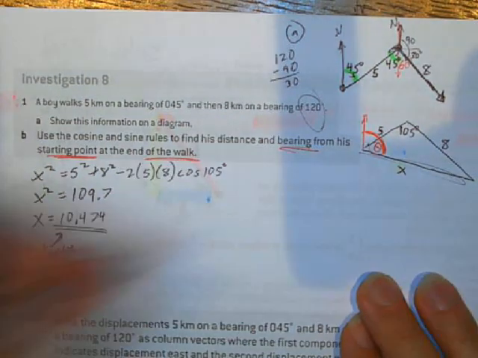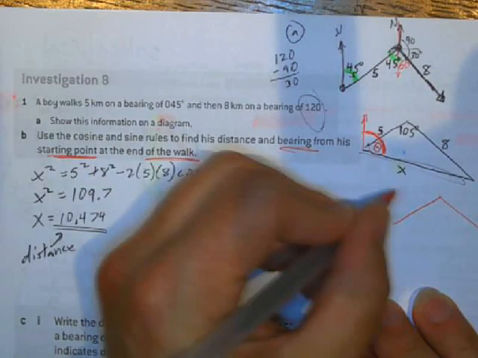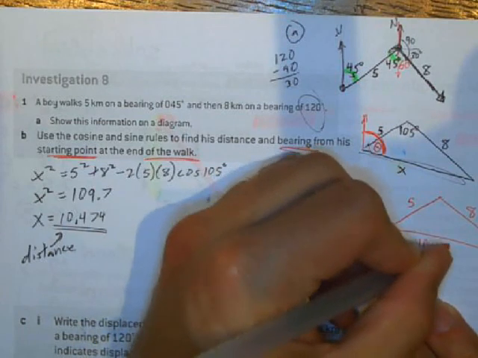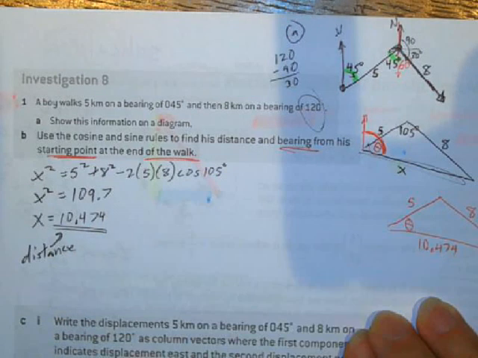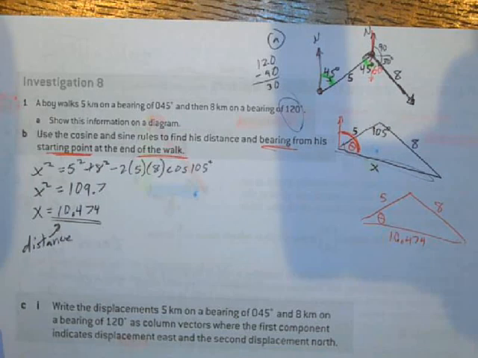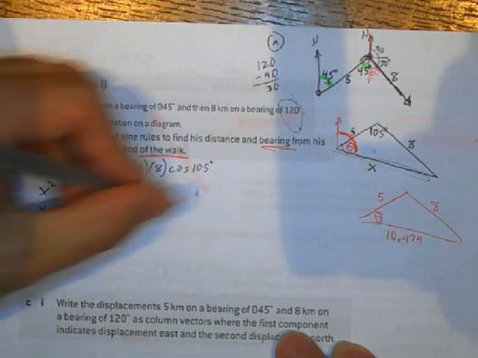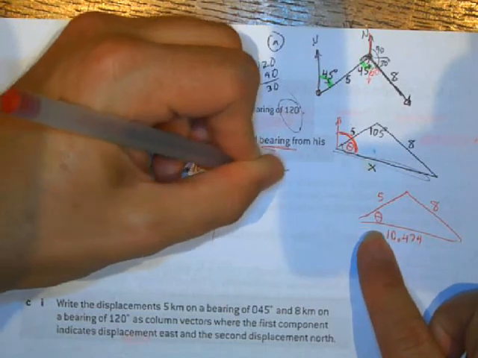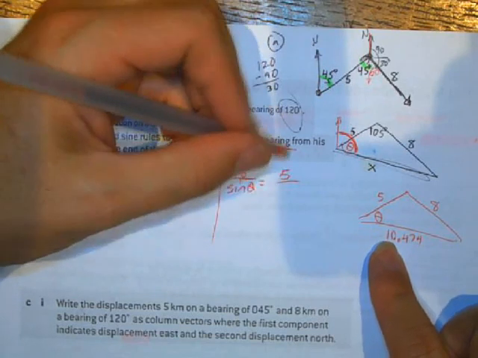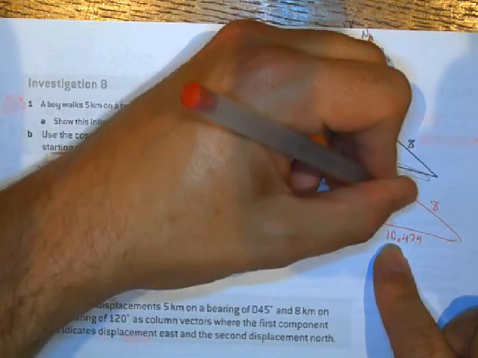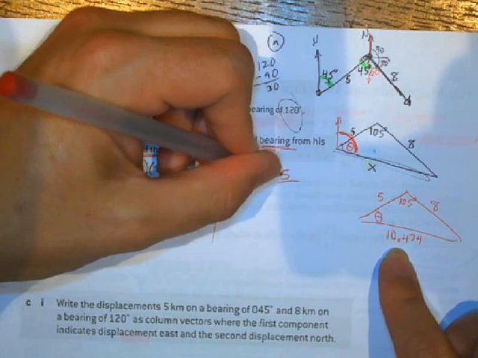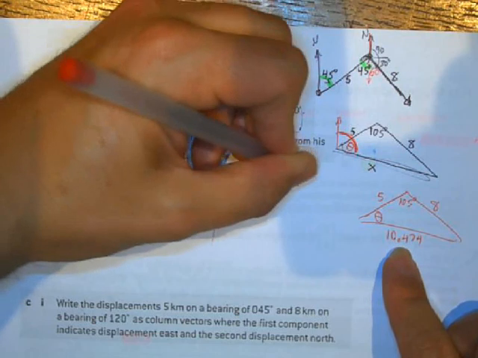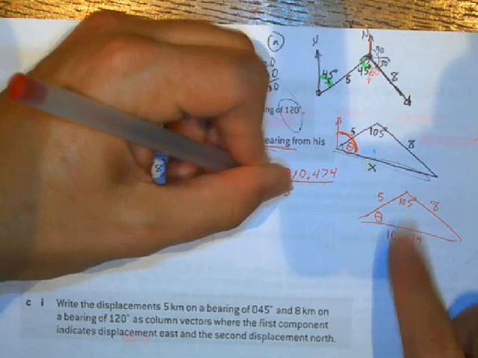So I'm going to use the sine rule. So using the sine rule, I can write this as 8 over sine theta equals, my mistake, equals 10.474 over sine 105.